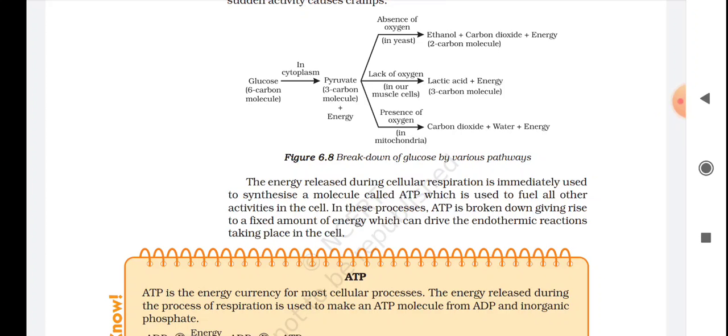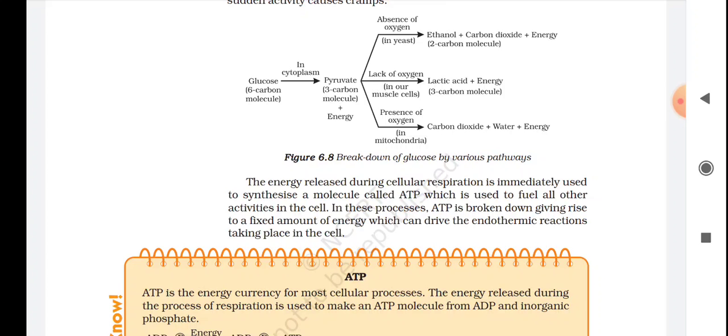Now see the next point. What does ETC say in this process? The reduced coenzyme, which we get in the Krebs cycle, is used in the ETC process, and this is a very energy rich coenzyme.